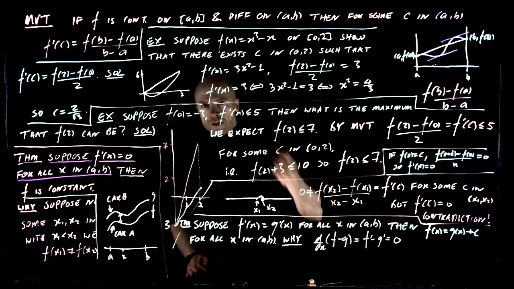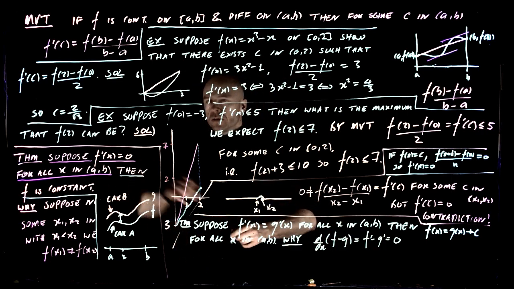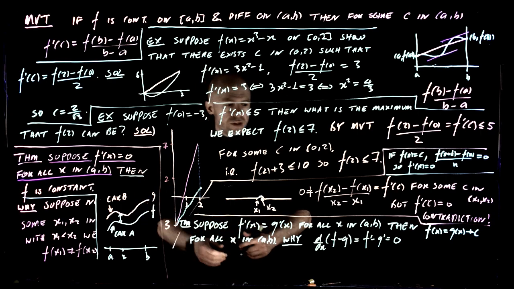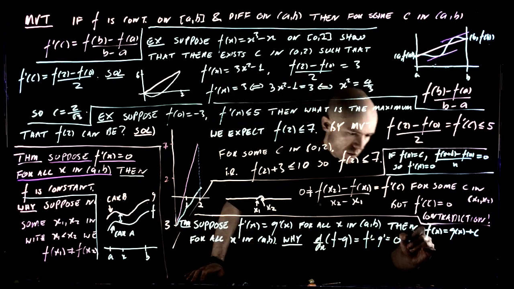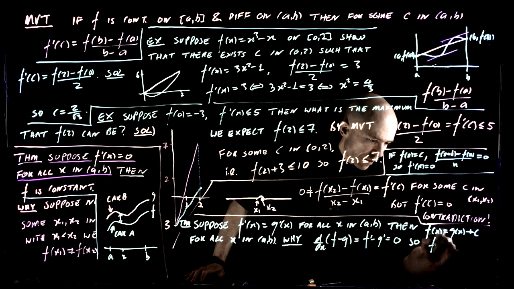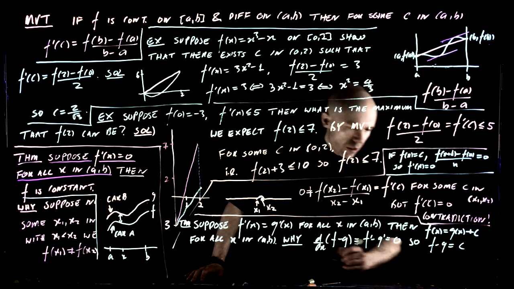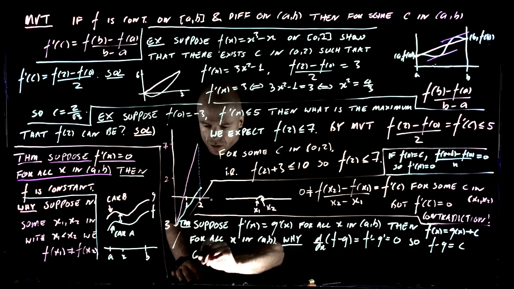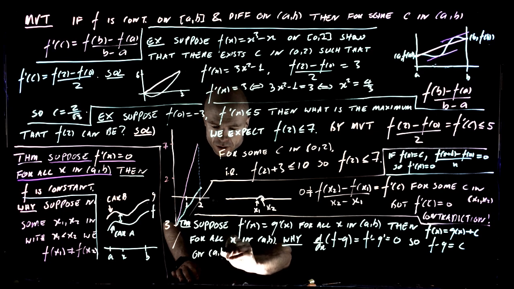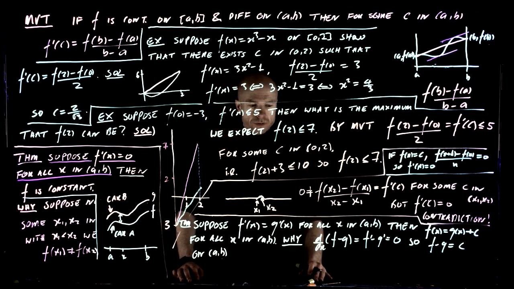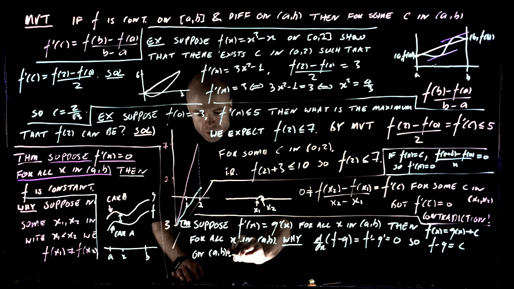So this new function f minus g satisfies the hypothesis of the previous theorem. So f minus g is equal to c on AB. So it follows in basically one line from the previous result.